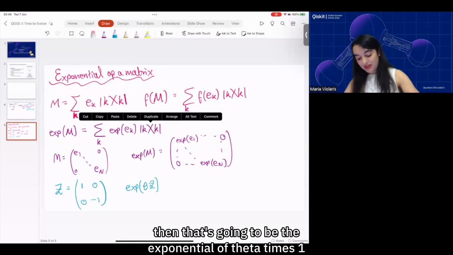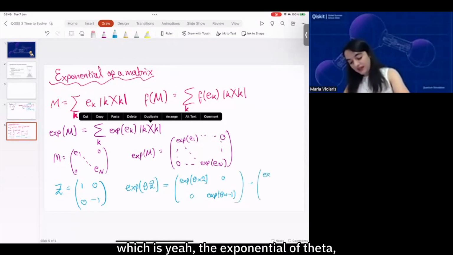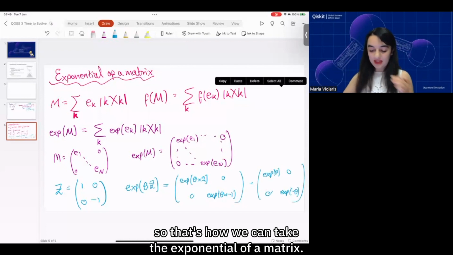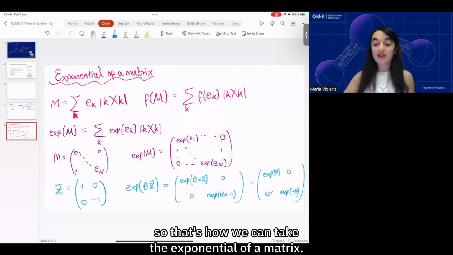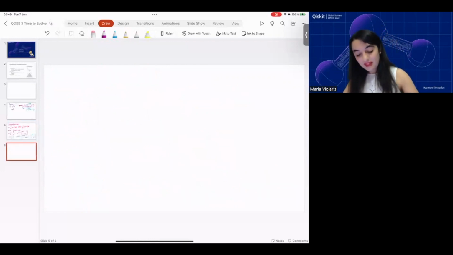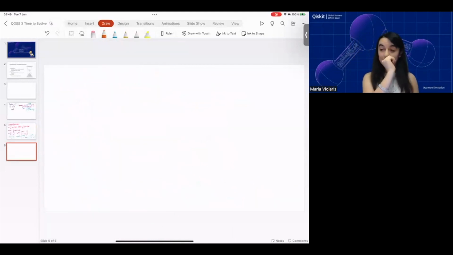Then that's going to be the exponential of theta times 1 and theta times minus 1, which is the exponential of theta, exponential of minus theta, 0, 0. So that's how we can take the exponential of a matrix. And with that in mind, let's think about how to solve the Schrödinger equation.